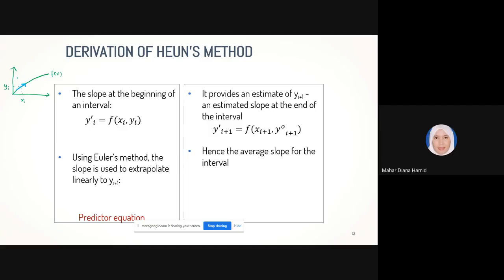The slope here is actually y i prime equals f, the function. So we just substitute the values of x i and y i into the equation f(x, y) to get y prime i.